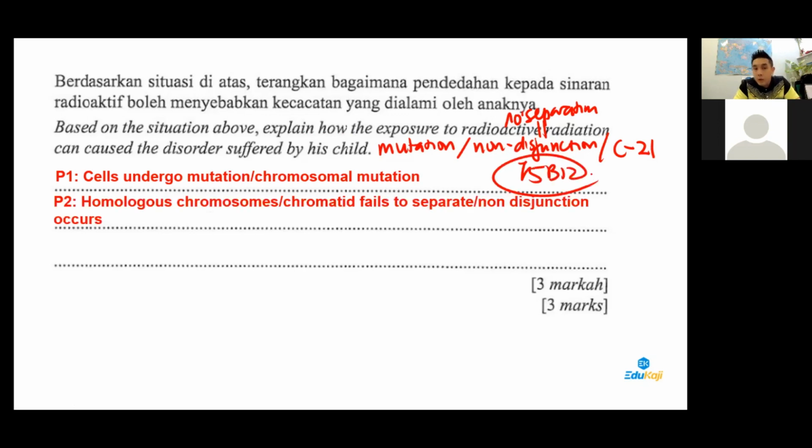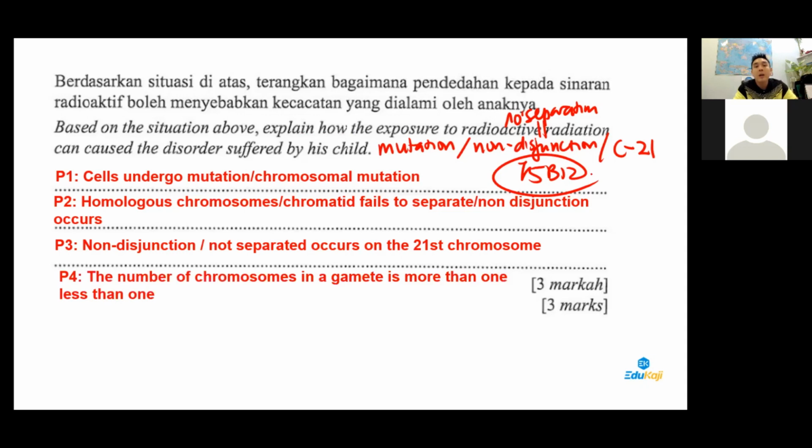This is due to non-disjunction, meaning separation did not occur for the 21st pair, and therefore the number of chromosomes will be either more than 1 or less than 1. Let's say the sperm got 2 on chromosome 21, and the ovum got 1.